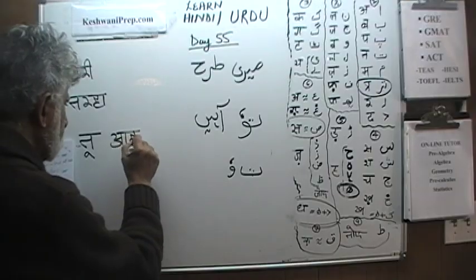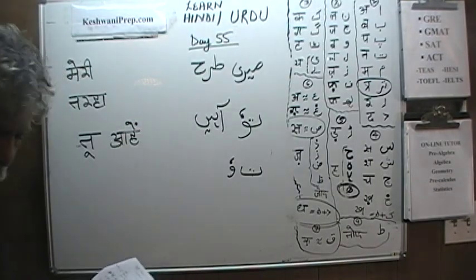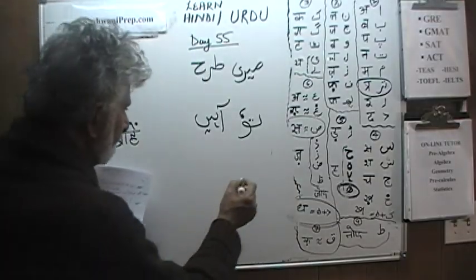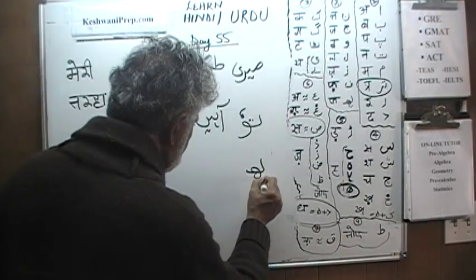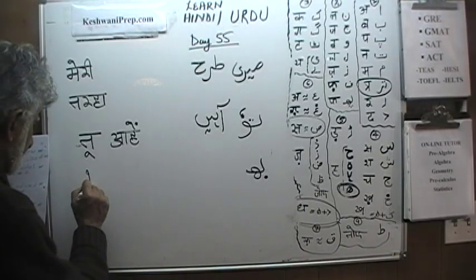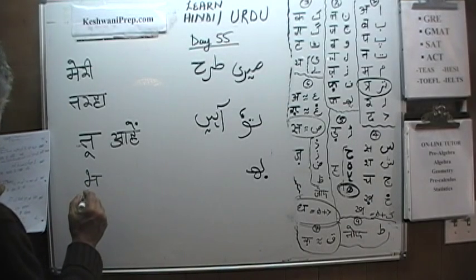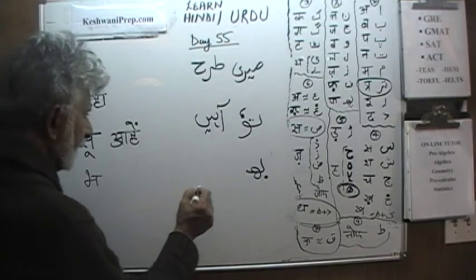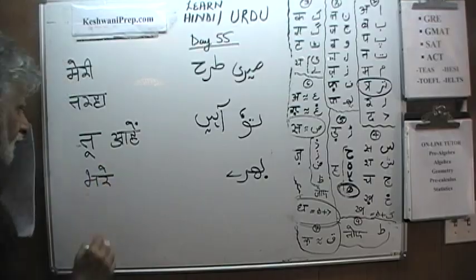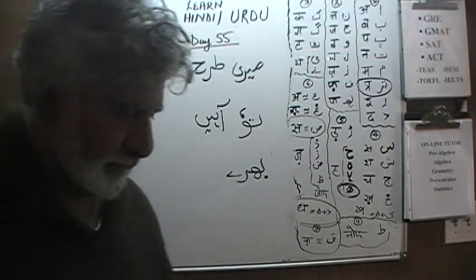Meri tarah tu aahe bhare. This is bha, B and H, bha, just like you will write it in English, and re. Meri tarah tu aahe bhare.